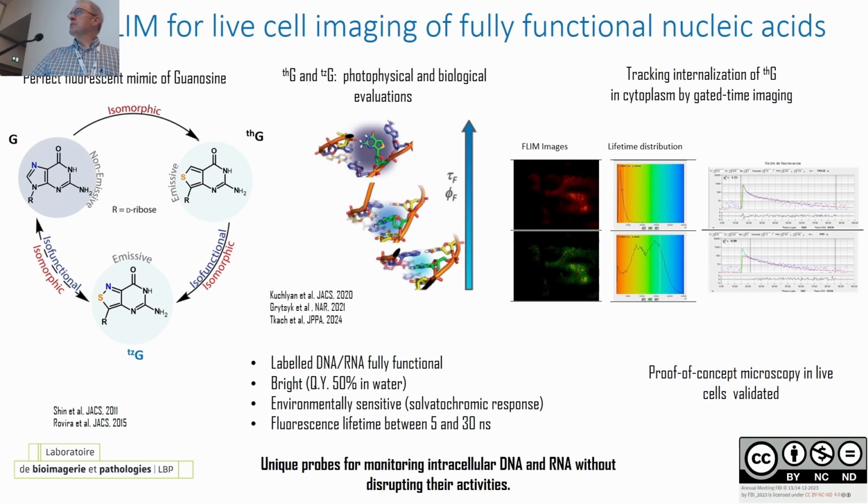Just to show that it is feasible, this is an experiment that has been done in Germany, because we do not yet have the laser suited for that. This is the background from the cell, and you see that the lifetimes are pretty short. When we just add TZG or TAG to the cell, you see that the lifetime is very easy to discriminate from this one.